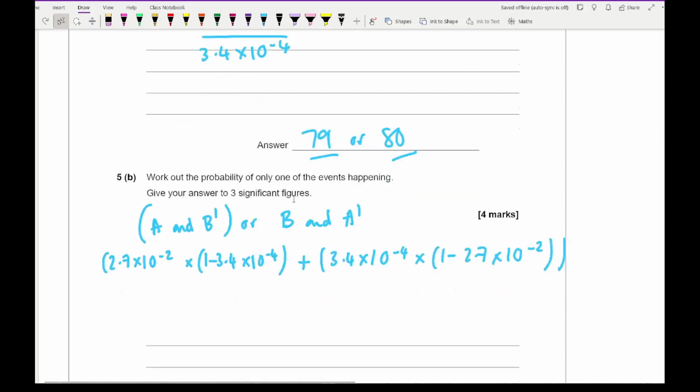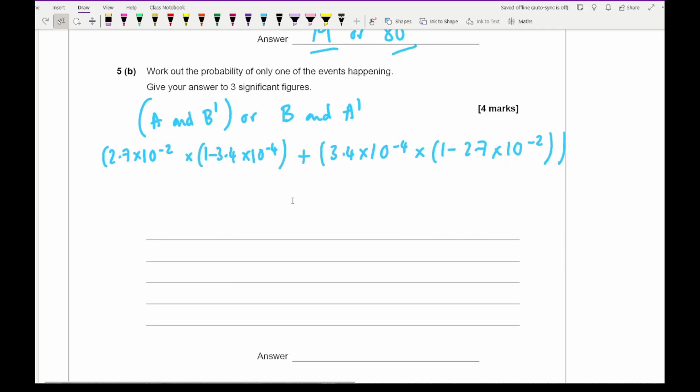Then all I need to do is type that into my calculator, which gives an answer of 0.0273216, and rounding that to 3 significant figures, as it's asked me to, I get 0.0273.